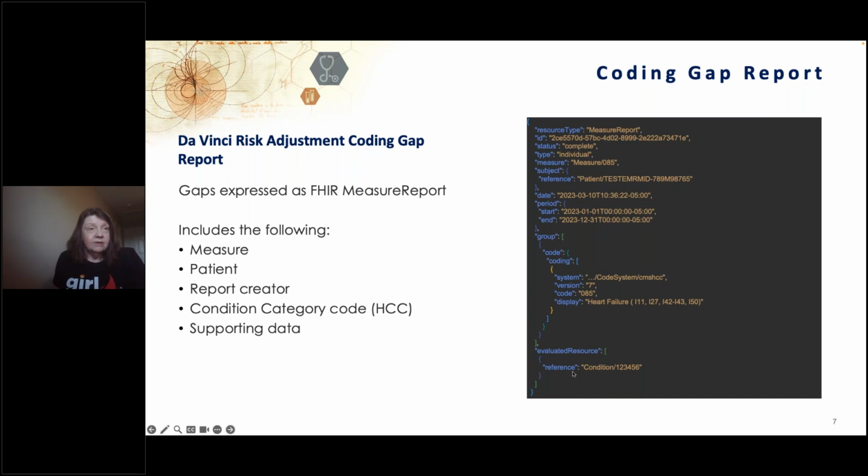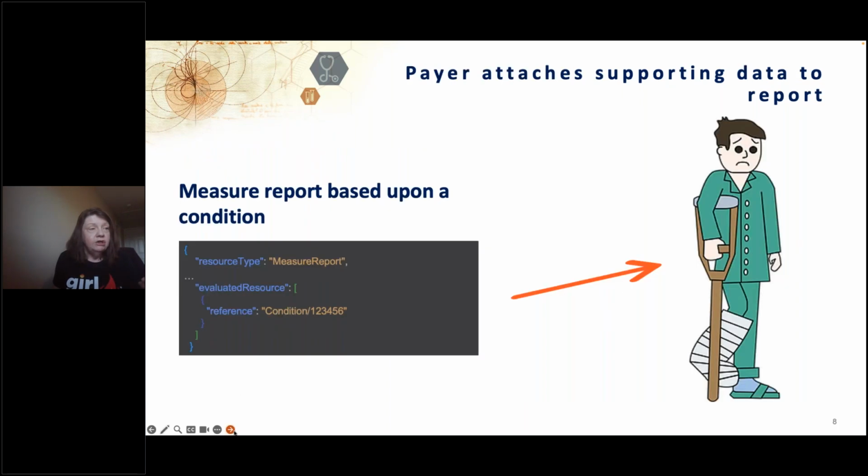And on the next screen, Nidhi, if you show us, you can see that this is a resource that the payer has in their file that they can share back with the provider to let them know why they think it's a historic gap. And we show here a diagnosis code, but that resource could be anything.